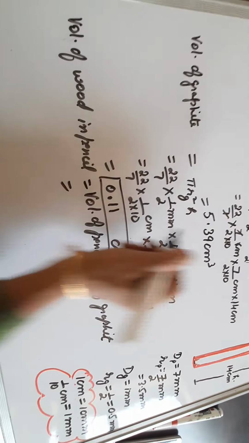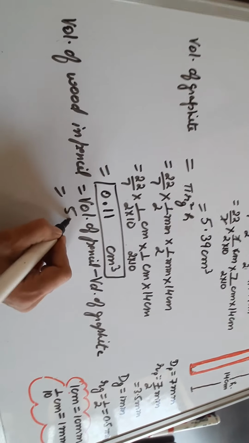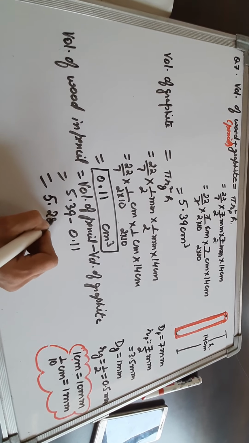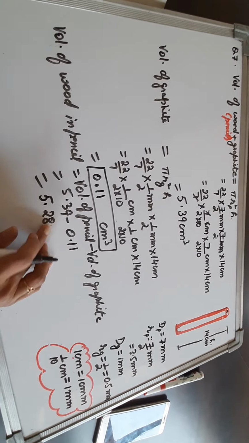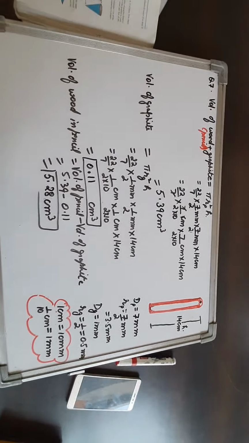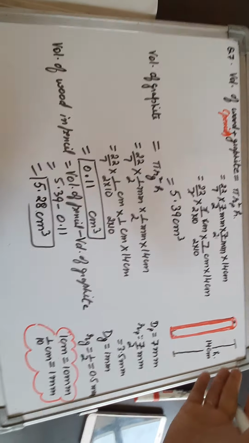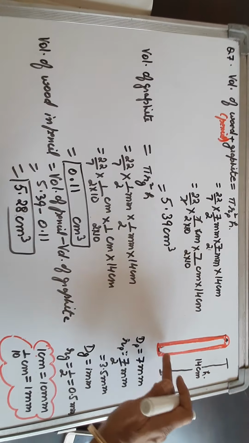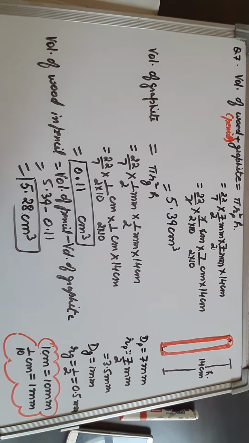So 5.39 minus 0.11. So what will be the volume? It will be 5.28 cubic centimeter. This is the volume of the wood used in making this pencil, and this is the volume of the graphite which is filled in this pencil.